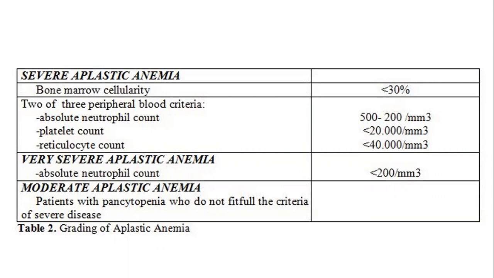So if you count, reticulocyte less than 40,000 per cubic millimeter, platelet less than 20,000, and absolute neutrophil count between 500 and 200.